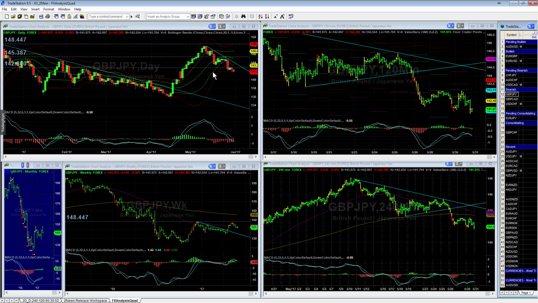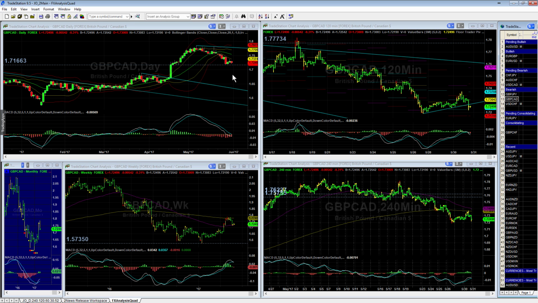For the pound yen, we are putting in a very bearish signal here to go lower. So we'll be watching for the pound yen to continue going lower after not breaking through the 148.447 on the weekly. And on the pound loonie, we got 1.71663 as a previous pivot right here, and it seems like we went down, broke through it just a hair, and then we bounced up again, but we're still looking quite bearish, and therefore we'll be looking for a break below there at 1.71663 to continue lower.